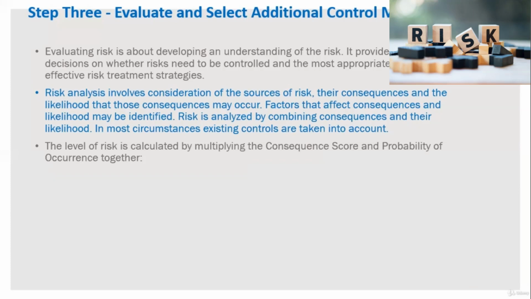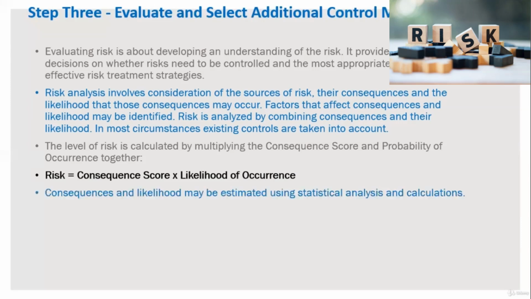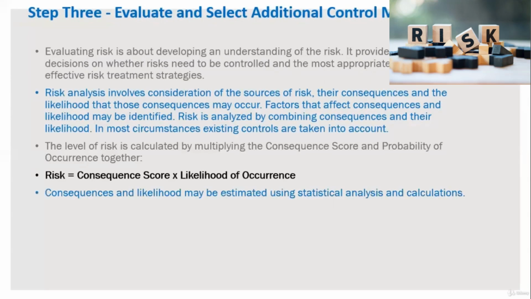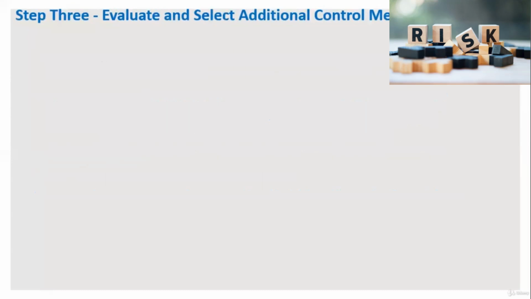Probability is called likelihood, and consequence is called after effect, or residual effect. So what is risk? Consequence score multiplied by likelihood of occurrence. Consequences and likelihood may be estimated using statistical methodologies or analysis by calculations.